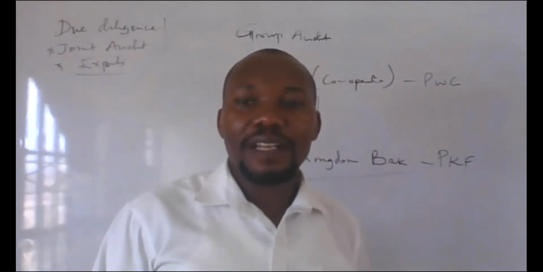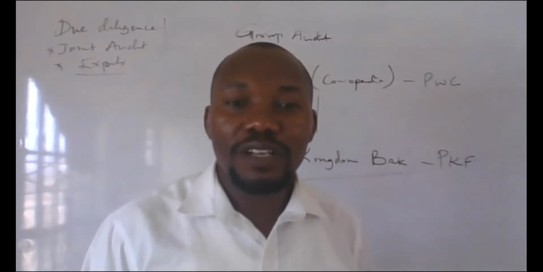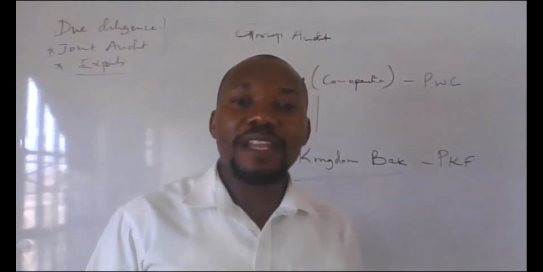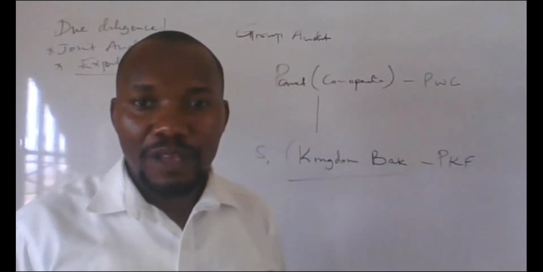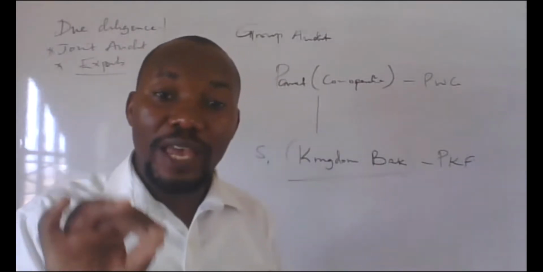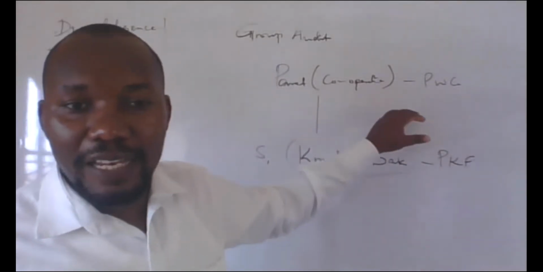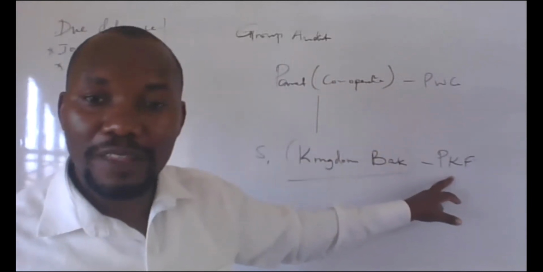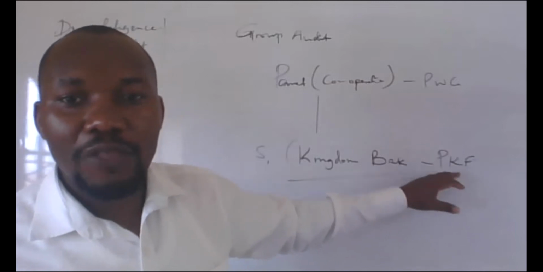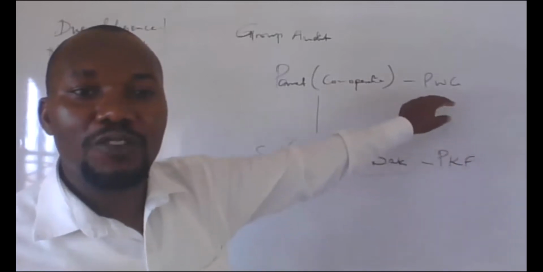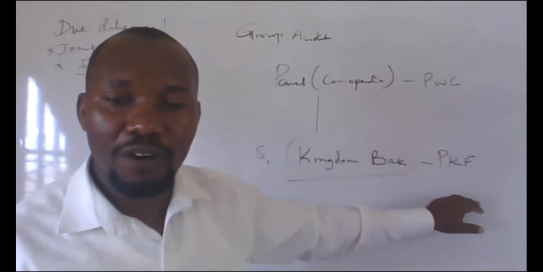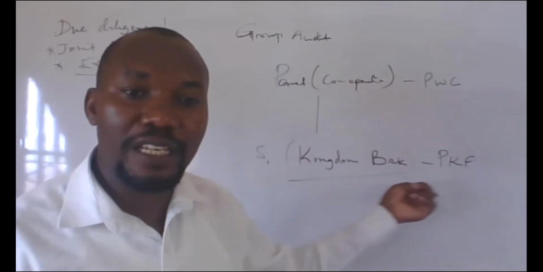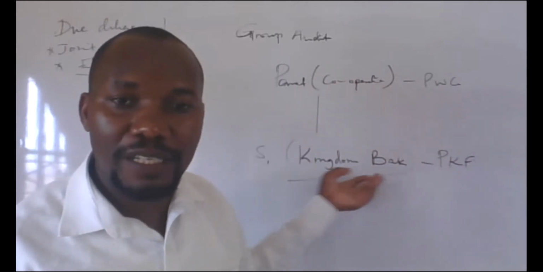But then they can also ask you, what are the benefits of joint audit? So we have joint audit where maybe the management agreed that, okay, because PKF has been appointed, we don't want to terminate the contract. We can allow them to continue, but we'll send 2 people from here to come and assist them audit. So we have 2 audit firms auditing a subsidiary company.